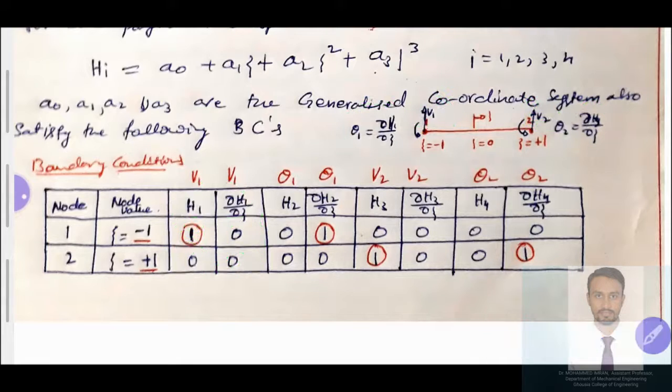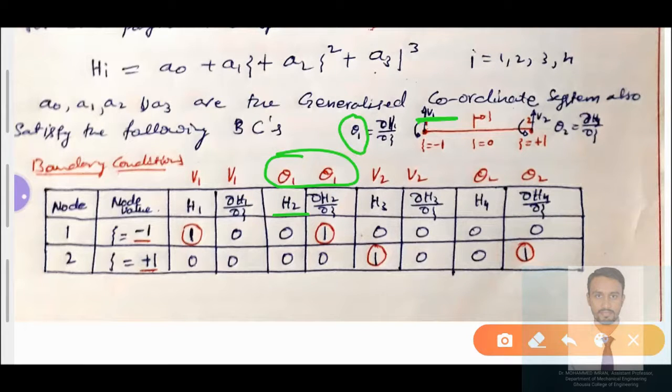Then similarly we have taken the theta 1 values, based on the Hermite shape function effect h2 with respect to theta 1. This value is equal to 0 and this value is equal to 1. And then the value at node number 2, v2, is equal to 0, and then this value is equal to 0. Then based on that v2 we have h3.